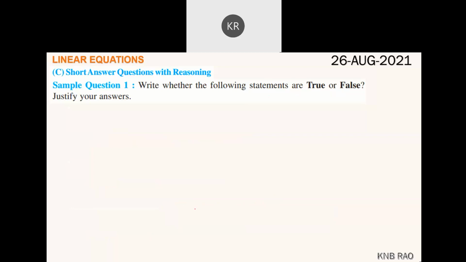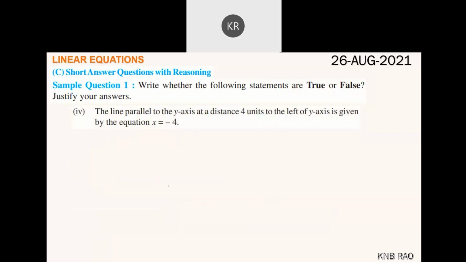Okay, 4th question. The line parallel to the y-axis at a distance of 4 units to the left of the y-axis. If you take the y-axis and the x-axis, it is true.